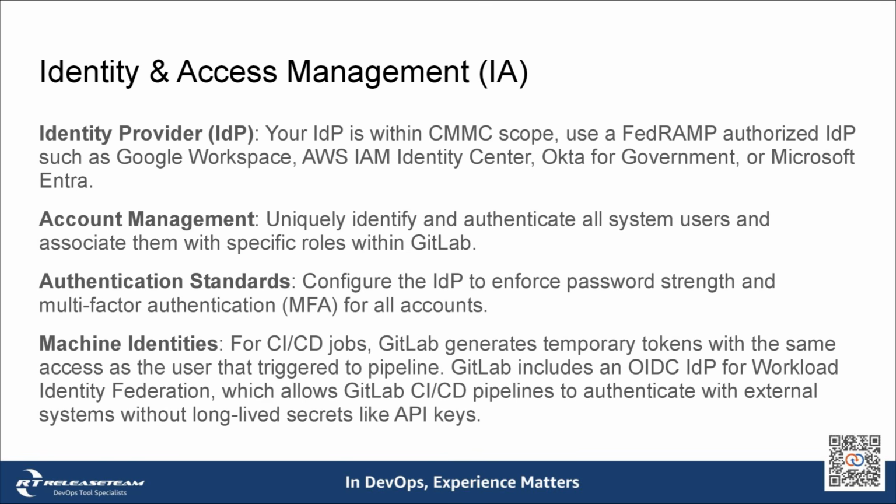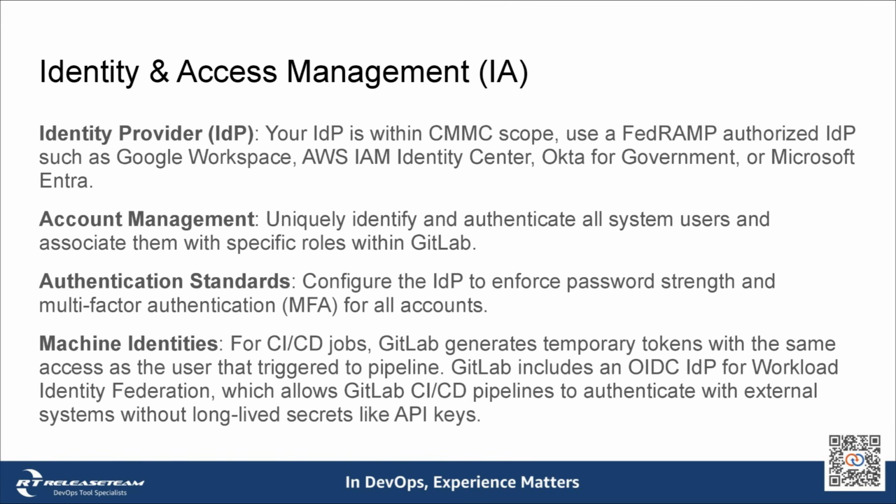Your IDP must be explicitly documented in your system security plan under the Identification and Authentication (IA) and Access Control (AC) domains. Because it is in scope, an assessor will verify that the IDP itself meets all relevant requirements, such as password complexity, multi-factor authentication, and audit logging.